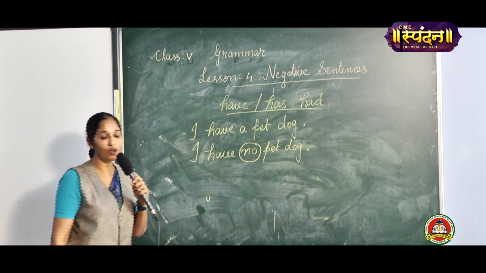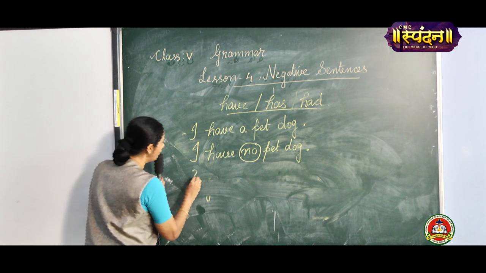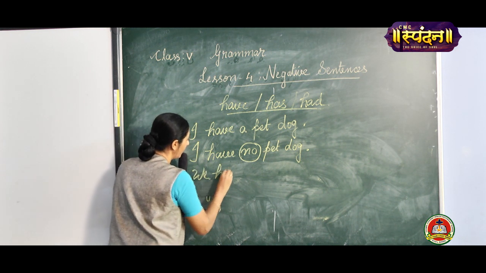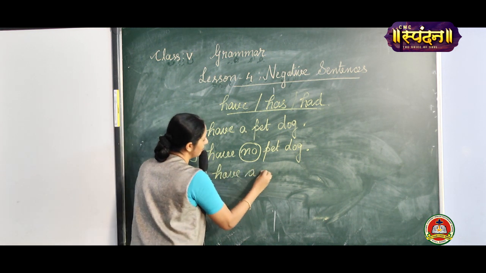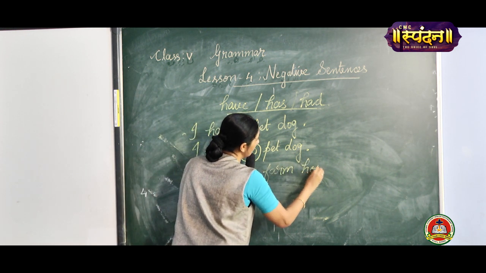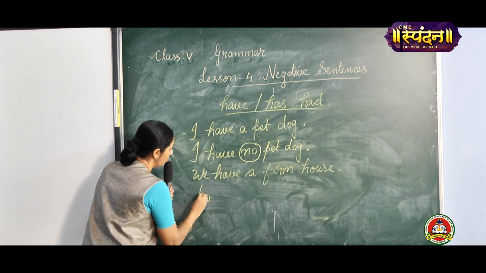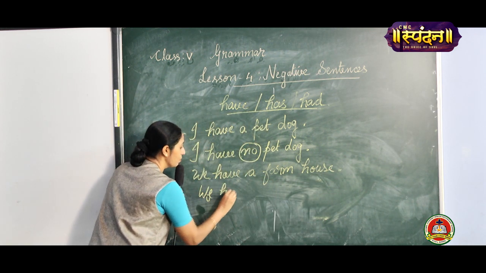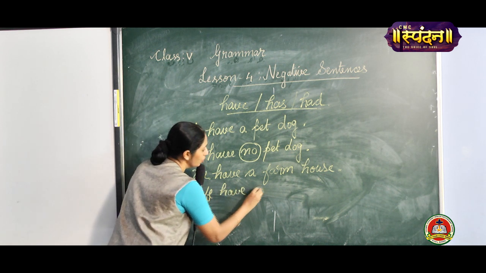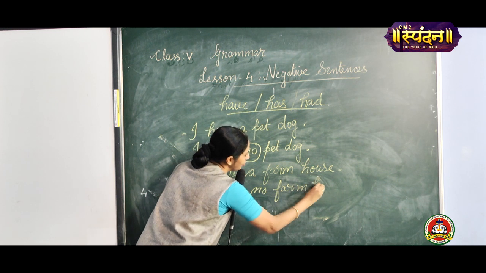I have a pet dog. I have no pet dog. We have a farmhouse. We have no farmhouse.